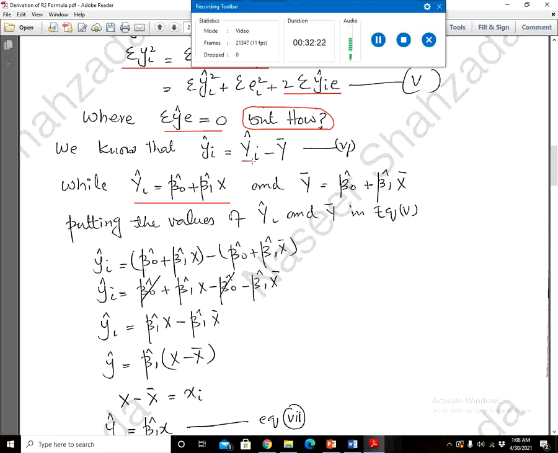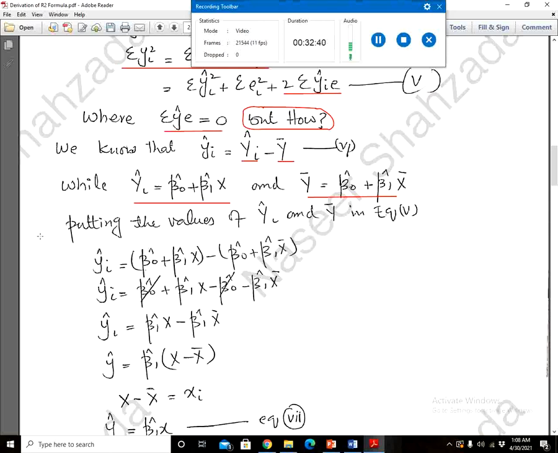Y cap is the component of yi cap, and this is the y mean. This y mean is equal to beta naught cap plus beta 1 cap x mean. Again, this is the estimated mean of y.